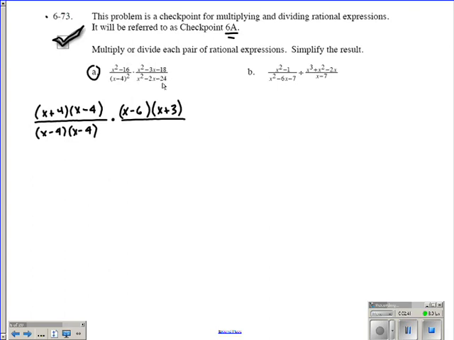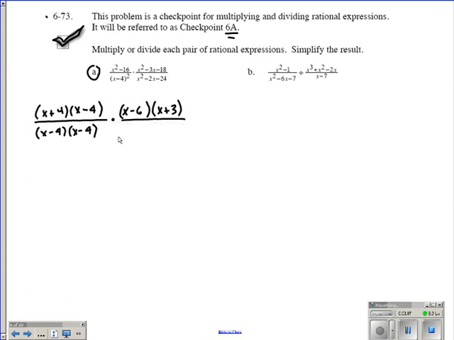We need factors of negative 24 that differ by 2. So when we factor it, you should have ended up with x and x. You should have a negative 12 and a positive 10. No, I'm an idiot. Let's do that again.